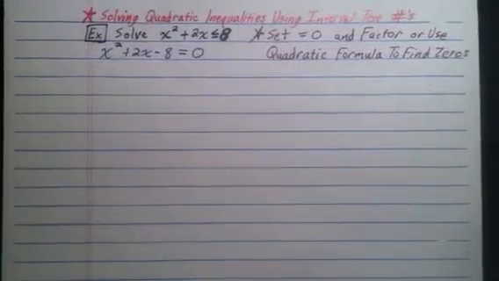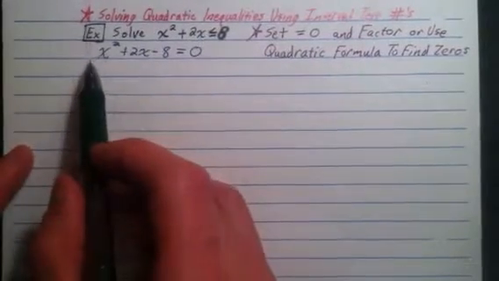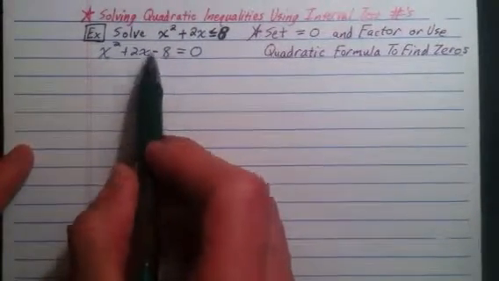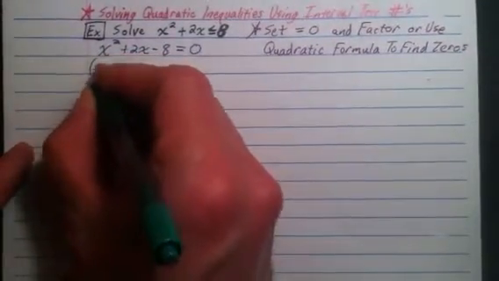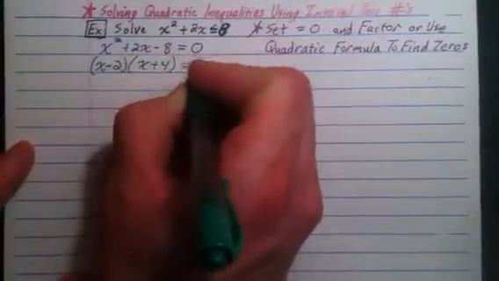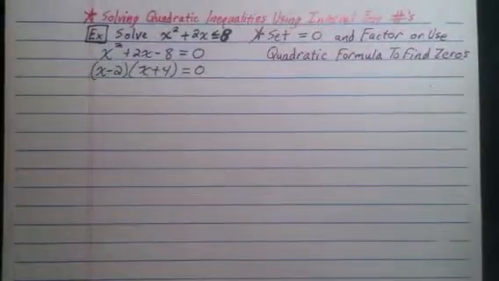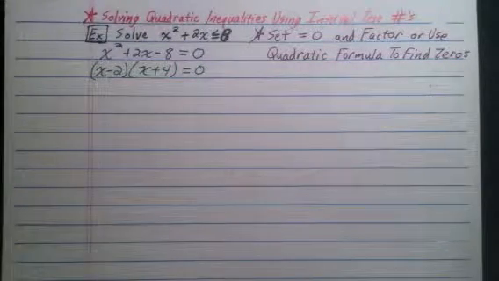That's easy enough to factor, so we don't really need the quadratic formula. Two numbers that multiply to give you -8 and add to give you +2. So that's going to be a -2 and a +4. Those two numbers multiply to give you -8 and add to give you +2.